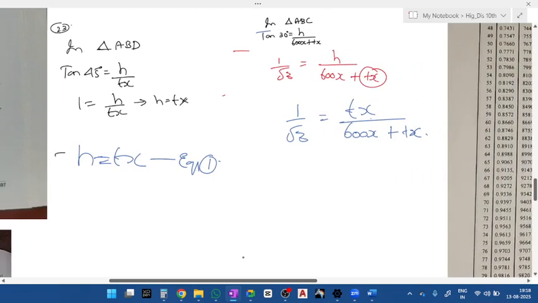Okay, we'll get it. We don't need h. We can find it later. First, we'll find tx.